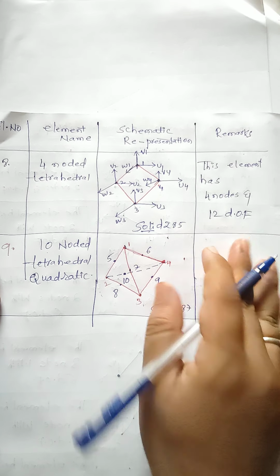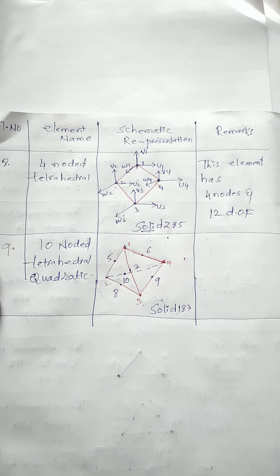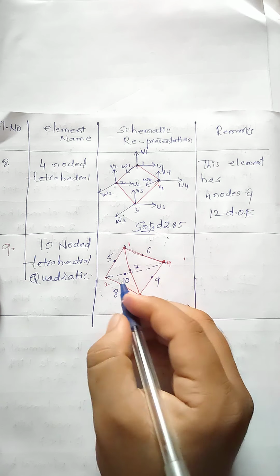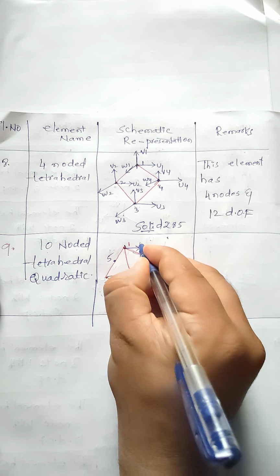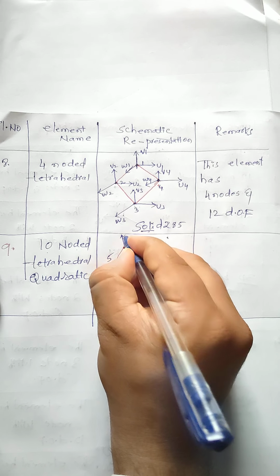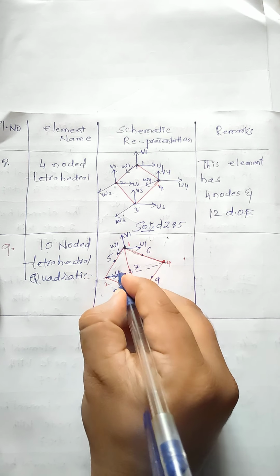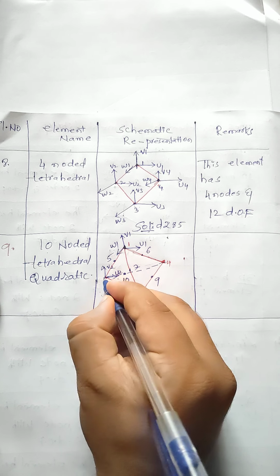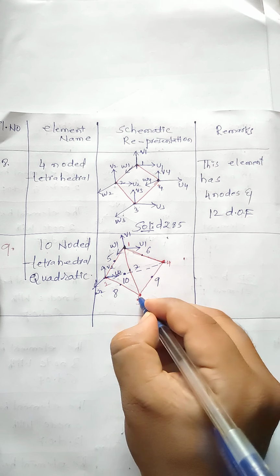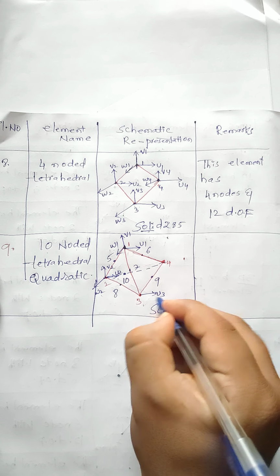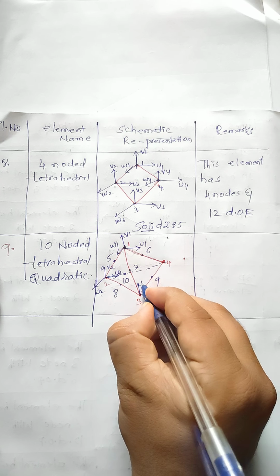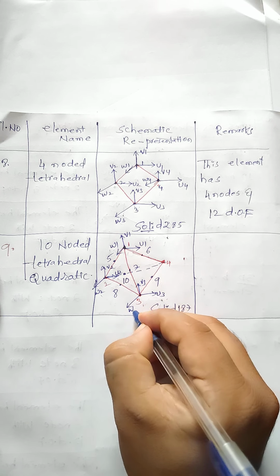Okay, so how to represent this figure, let's see. This is u1, v1, w1, and this is u2, v2, w2, and this is u3, v3, w3.